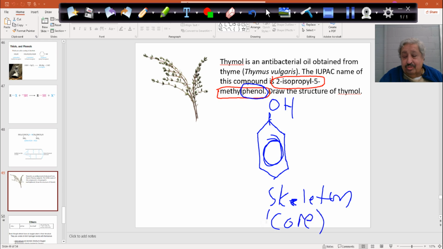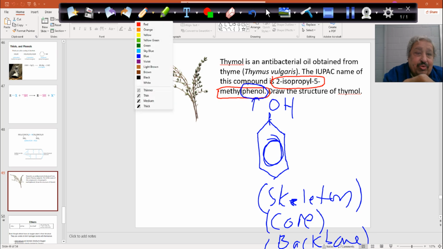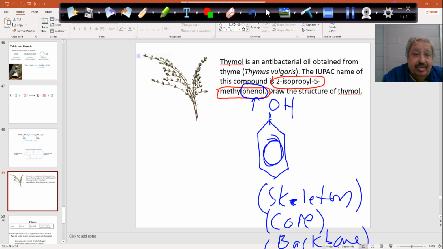Some textbooks use skeleton or backbone of the molecule. Whatever you name it is the same thing, depending on what book you are using. It's a reference of the author, but that's the main one. Now the numbering will be taken over by the OH. This is the main thing here. So we'll come here and say this is my 1, this is 2, this is 3, this is 4, this is 5, this is 6.